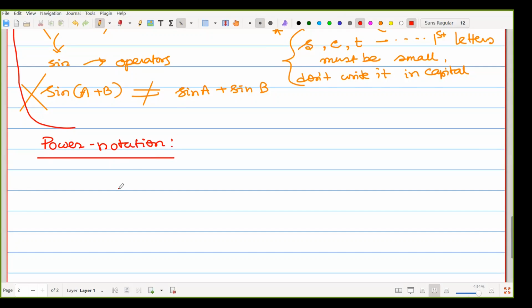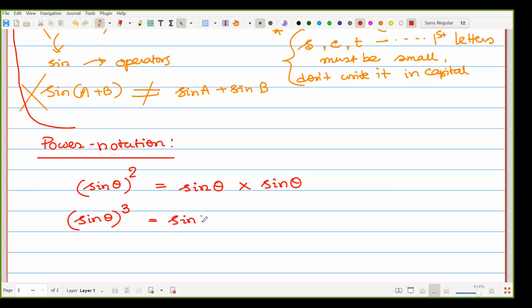Power notation means, suppose we have sine theta, an angle with the angle of reference theta, and we are writing sine theta square. So sine theta square means sine theta into sine theta. Same as, suppose we have sine theta whole cube.